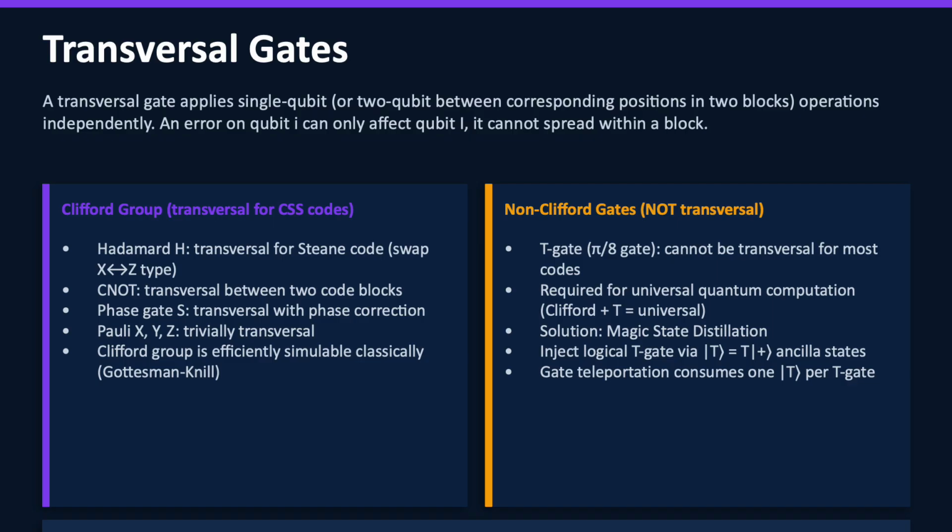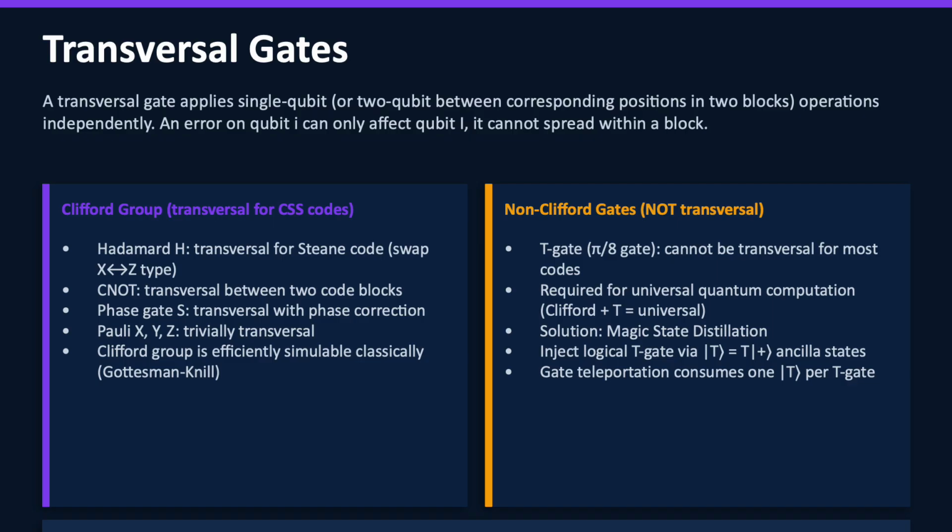One of the most important tools for achieving fault tolerance in practice is the concept of transversal gates. When you perform a logical operation on encoded qubits, you need to apply physical operations to the underlying array of physical qubits.